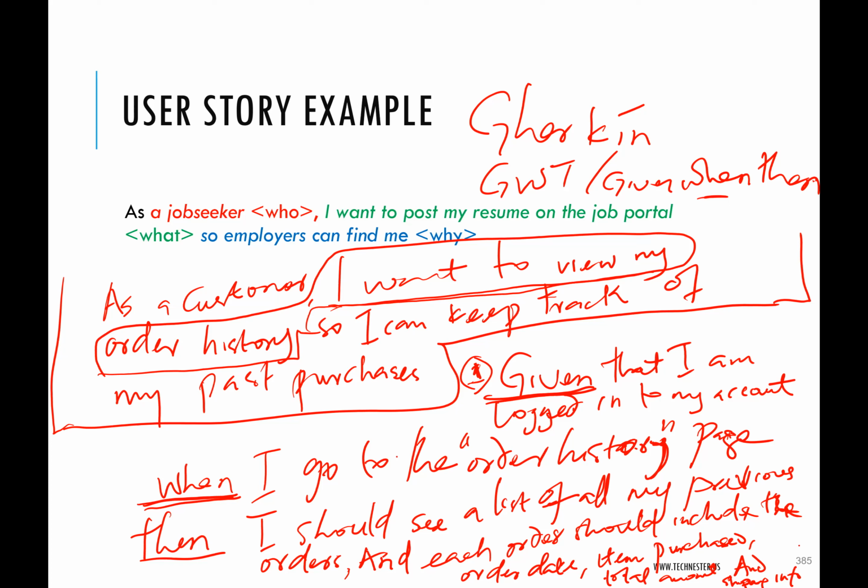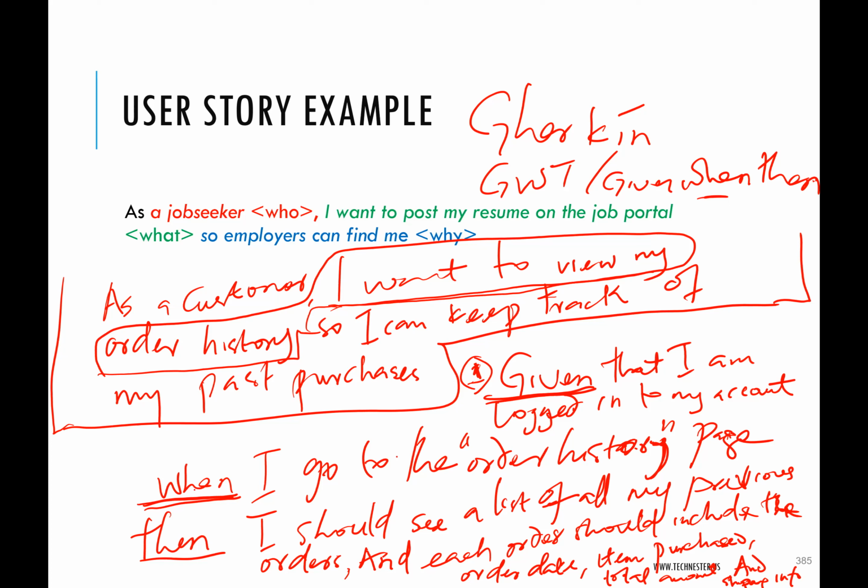So, do we get it now? So, given will contain a statement showing the preconditions, what must be in existence or how the system must be for the requirement to take place. So in this case, this person must have logged in for this requirement, which is view order history, to take place.